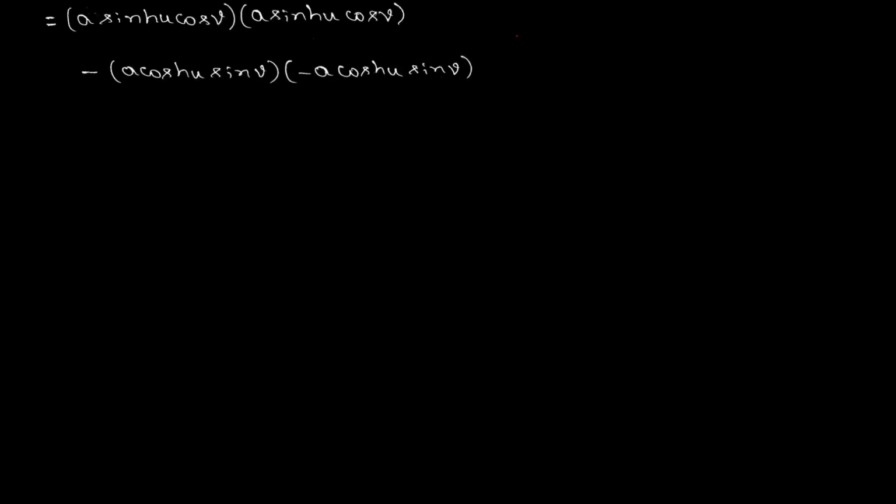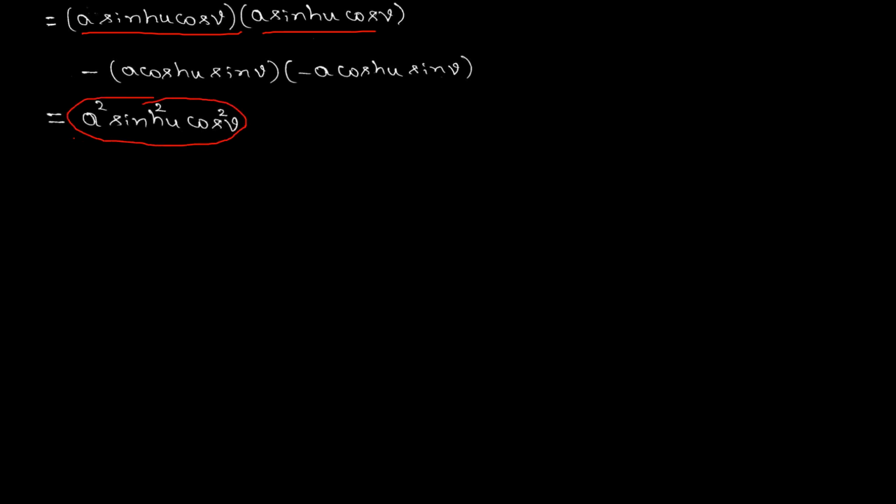I have taken the same step from the previous slide and we multiply now. a into a gives a square, sinh u into sinh u gives sinh square u, and cos v into cos v gives cos square v. We have multiplied these two to get this.